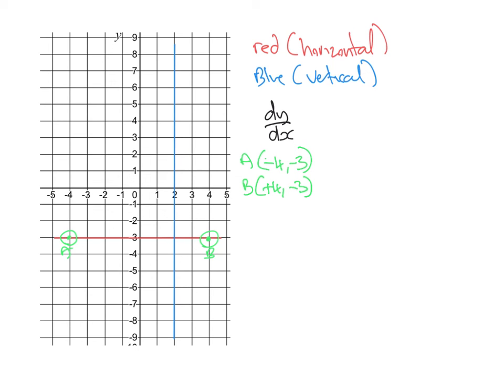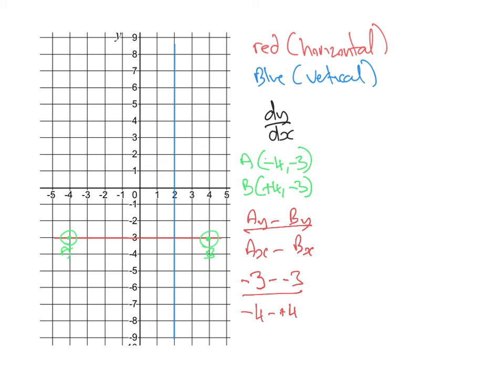We know that the formula is dy over dx. So the difference in y's, we're going to have ay minus by over ax minus bx, the difference between the 2 points for y and x. So ay is -3, take away -3, over -4, take away +4.